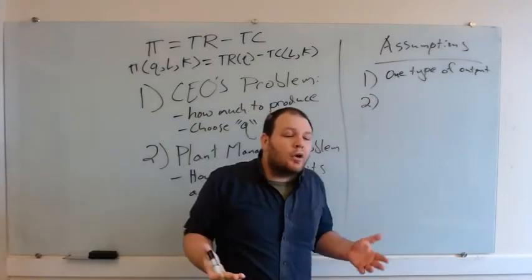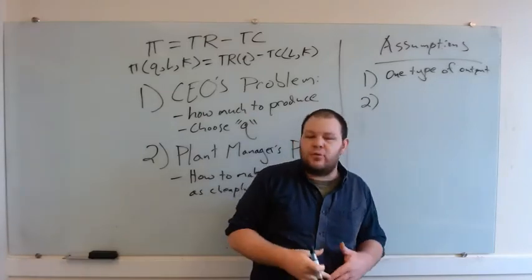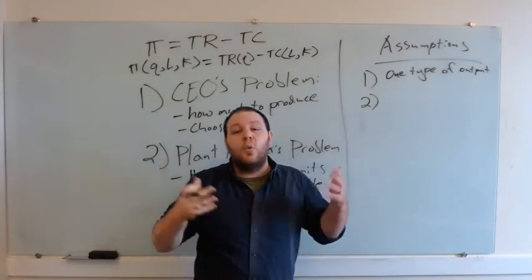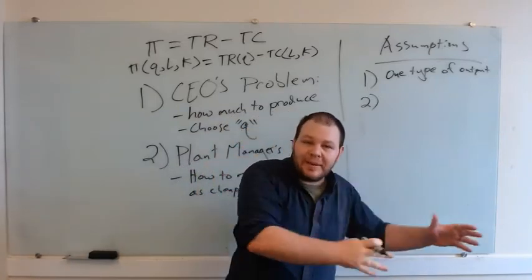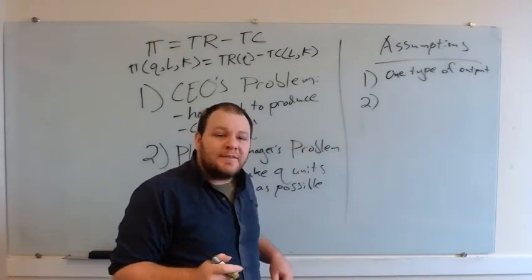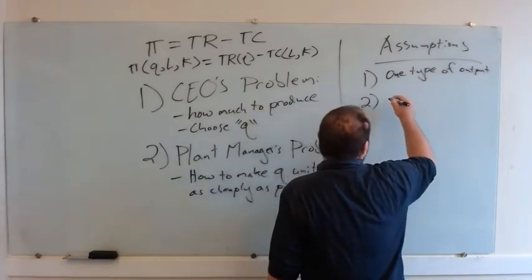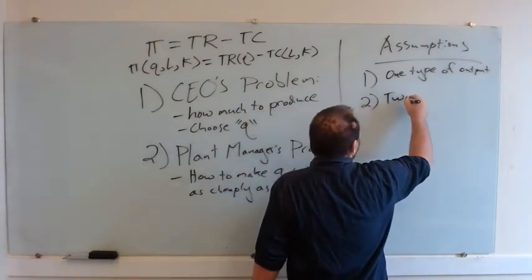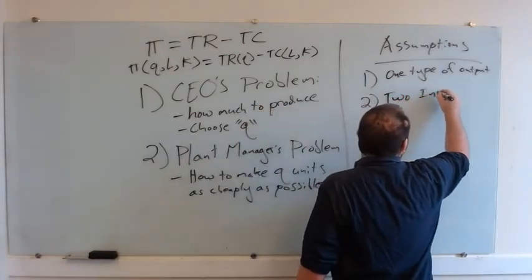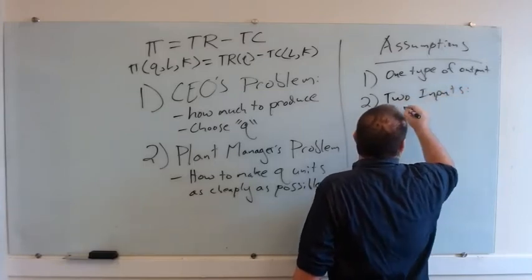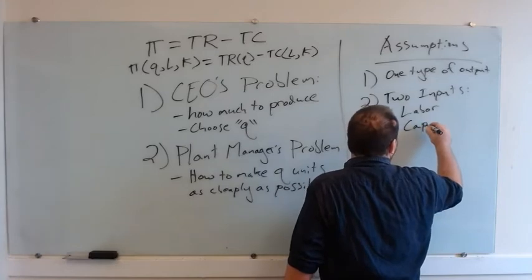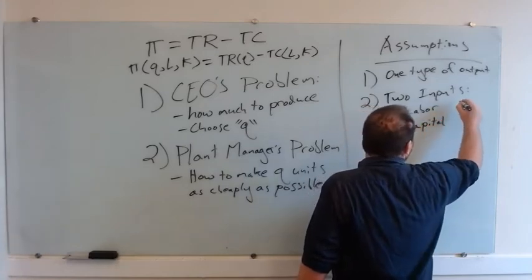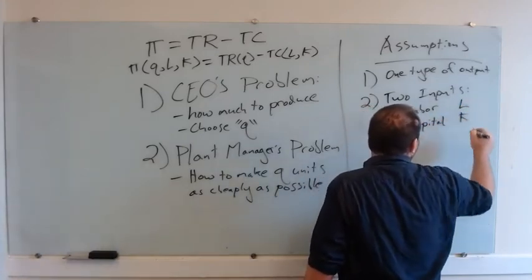So in the real world, anything we want to produce, we're going to use a tremendous number of different things. If we wanted to grow wheat, for example, we might need land, we need seeds, we need fertilizer, we need people. We're going to say there's just two types of things you need. You need labor and capital. So two inputs, labor and capital. And I'll call labor L and I'll call capital K.